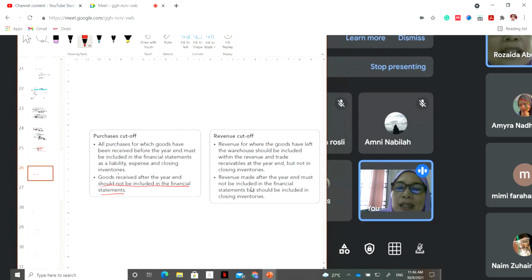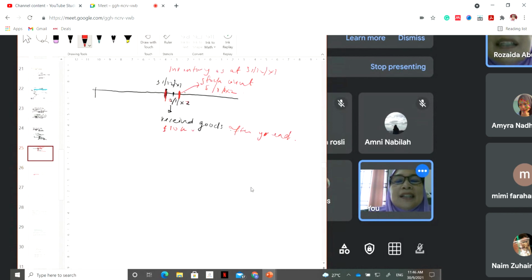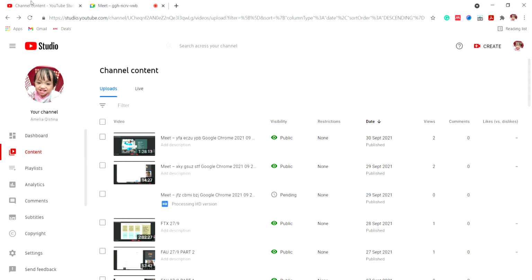If they are included, that's not alright. You observe the stock count, then you identify the figure has been included. What should you do?